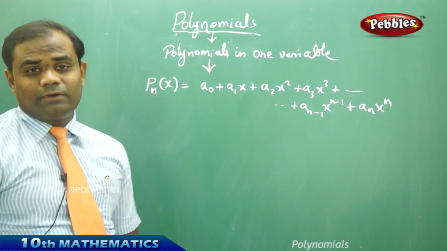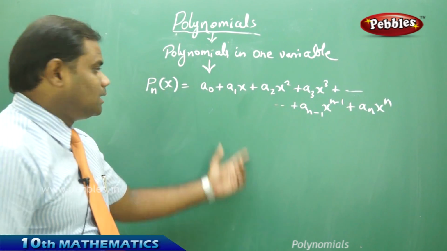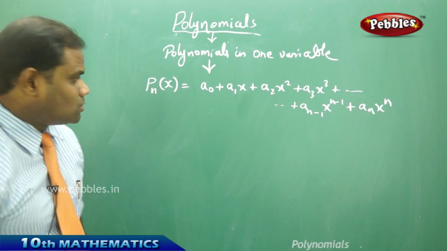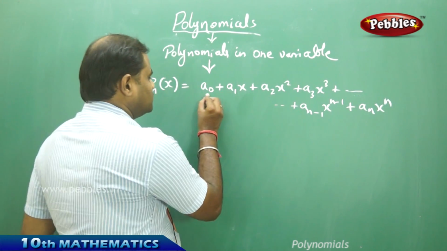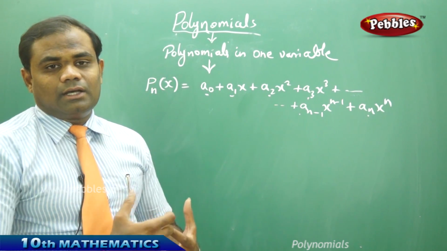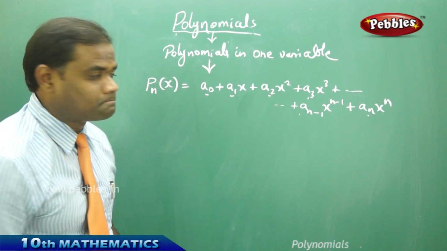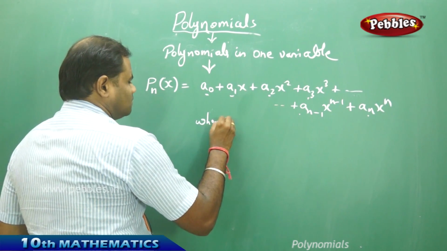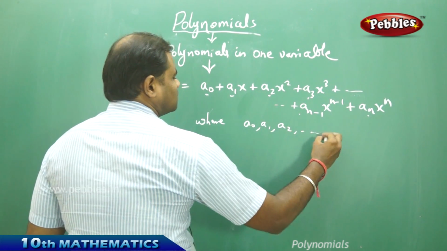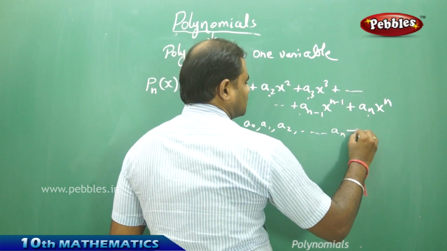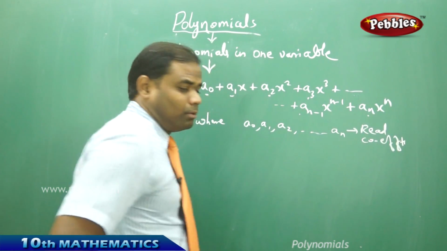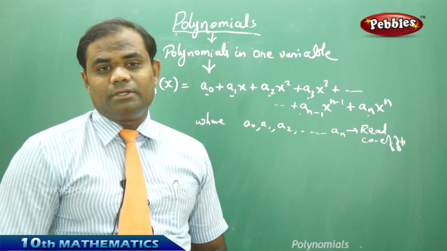This is how we define a polynomial in one variable x consisting of n plus 1 terms. Each of the constants a0, a1, a2 till an makes a defined polynomial in one variable, where a0, a1, a2 till an are called real coefficients, because for a polynomial to be defined, the coefficients cannot be complex.